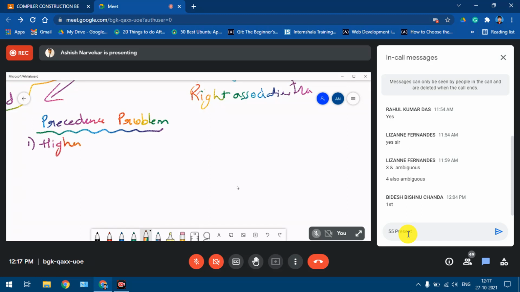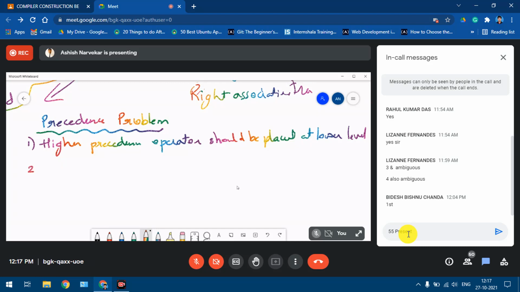So the first thing that can be done is that the higher precedence operator should be placed at a lower level, obviously in the tree.